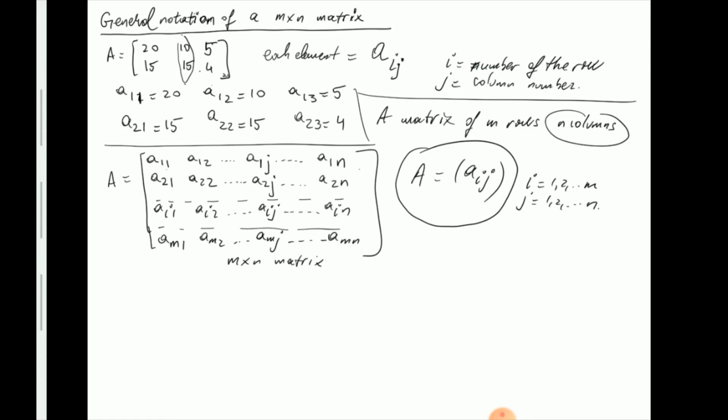I'm just going to write the typical entry, the generic entry on a certain row, so row i and column j. And I'm going to specify, of course, the range for the row index and the column index, 1 to m and 1 to n. Often you have the same number of rows and columns. So if m is equal to n, we call this a square matrix.